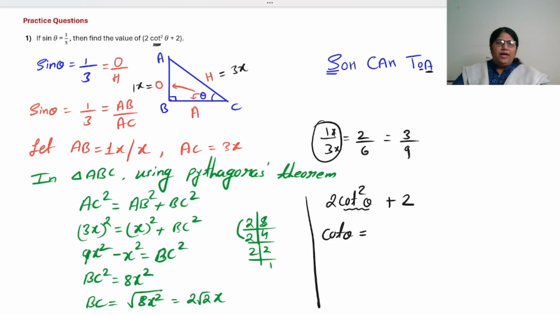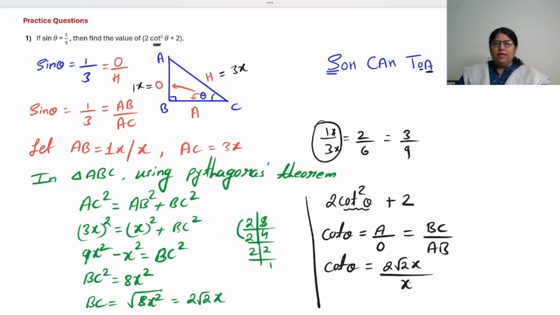Tan is opposite by adjacent, so cot is adjacent by opposite. Adjacent to theta is BC length, and opposite is AB length. So cot theta is BC, which is 2 root 2x, by AB, which is x. X gets cancelled. You are left with 2 root 2.